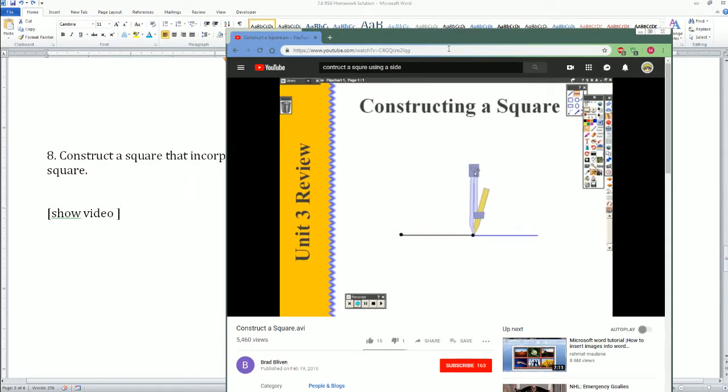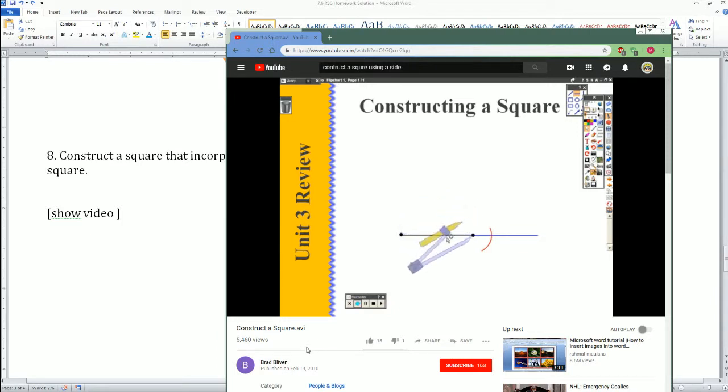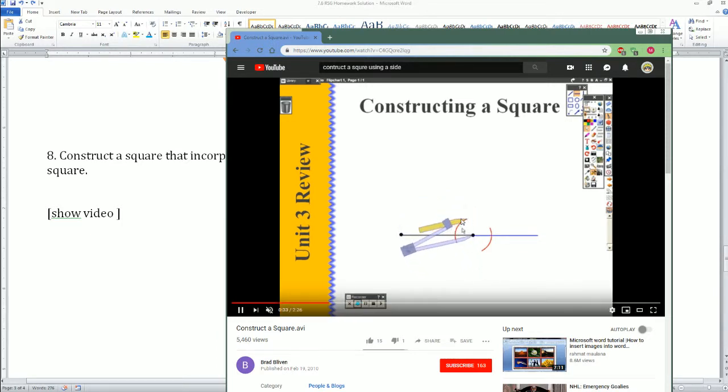So first of all, you extend the line with the compass, then draw a circle or this arc there. That's the other end of the circle. Those are the arcs. Then what he's going to do now is that same radius.